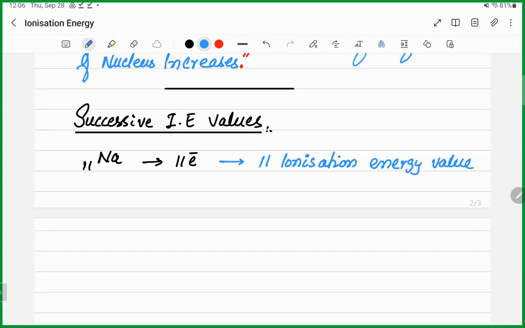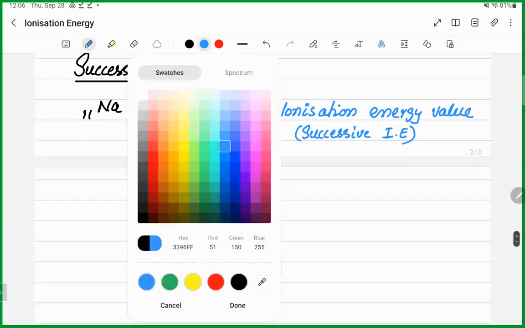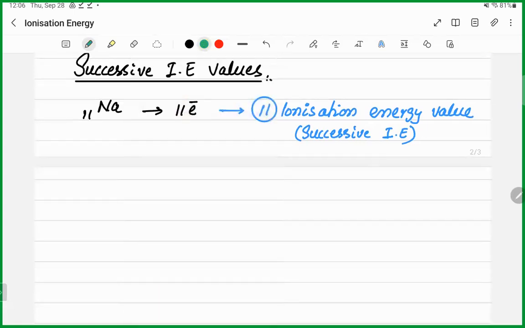If I give you the data of these 11 ionization energy values, this data is called the successive ionization energy values. So successive ionization energy is the data or sequence of energies required for the removal of all the electrons one by one until only the nucleus is left.